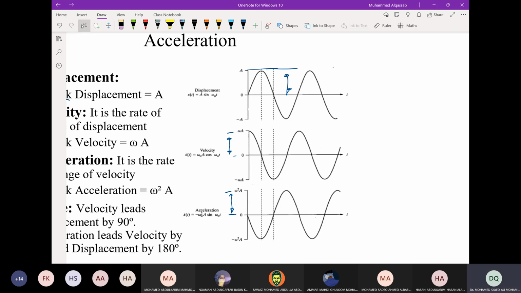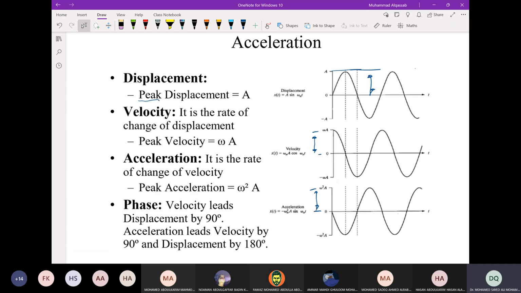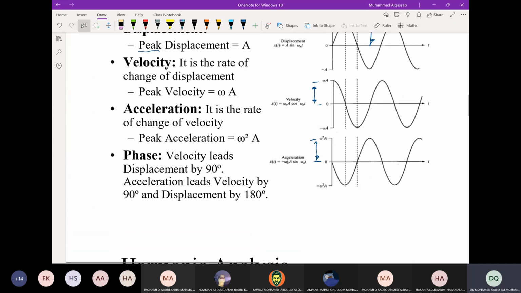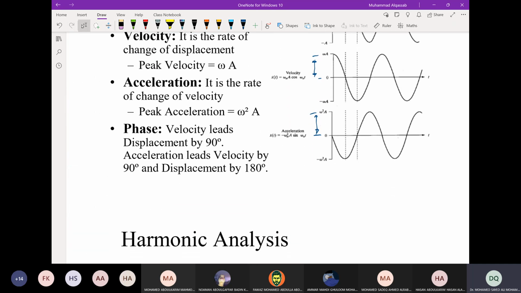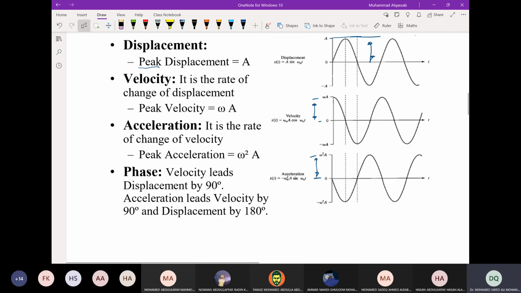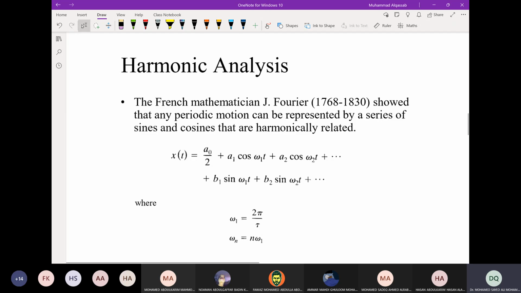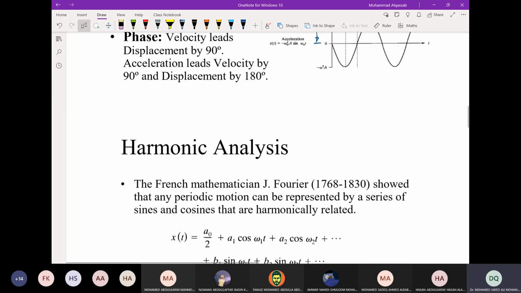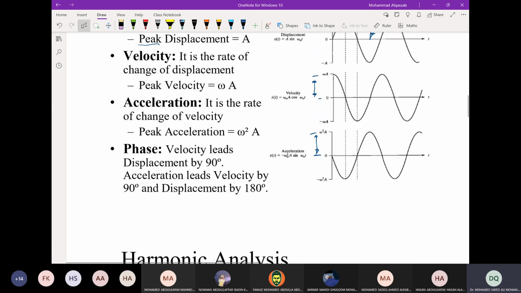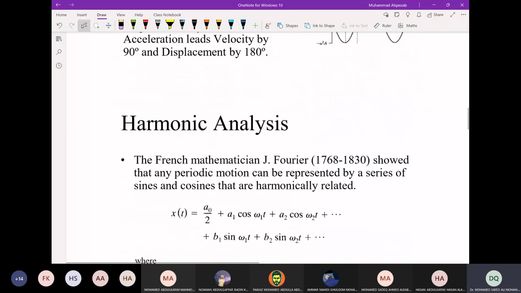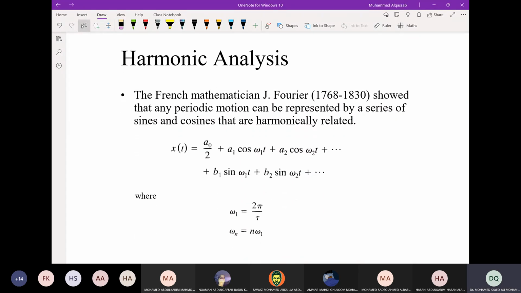Okay, so in some applications you need to measure acceleration because A is very small. That amplitude is very small. You need to measure the acceleration, and that is related to measurement. We will talk about in chapter 3 about some sensors or vibration measuring instruments.